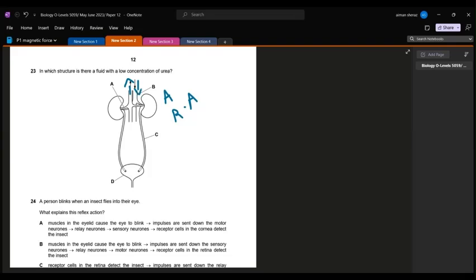So the renal artery basically brings the blood, the unfiltered blood, and that is filtered in the kidney by nephrons. And this arrow indicates that the purified blood is going back from the kidney. It's exiting the kidney. So that is done by the renal vein. This is the ureter and this is the bladder.